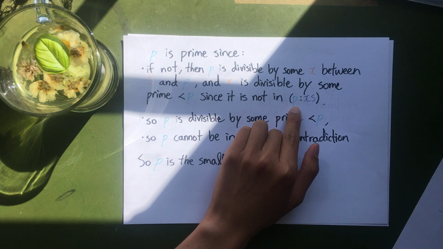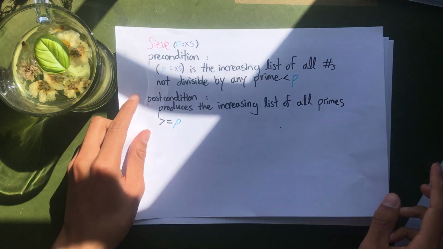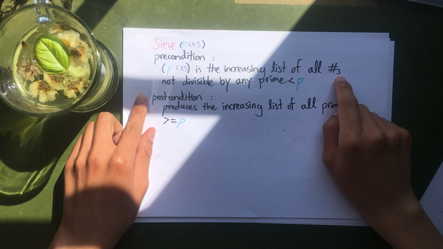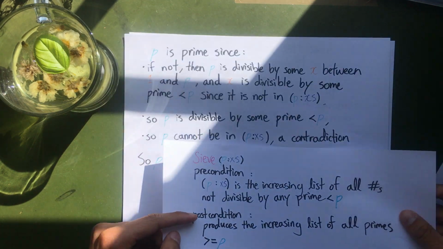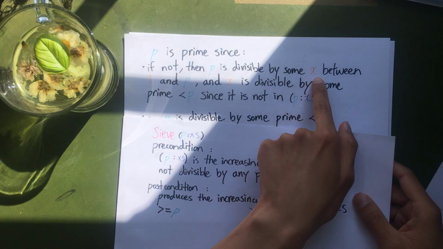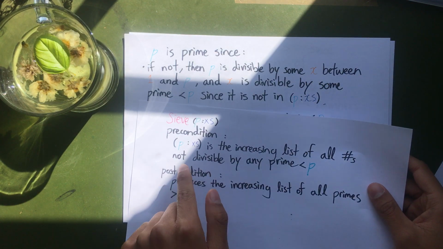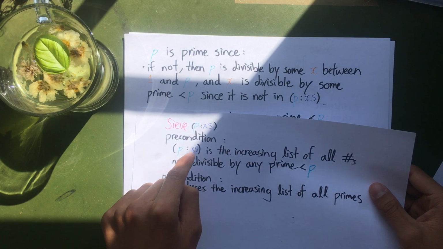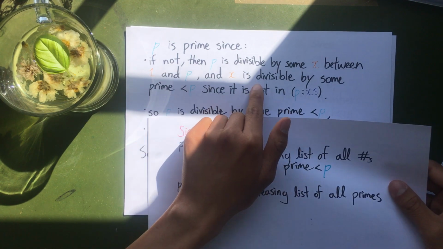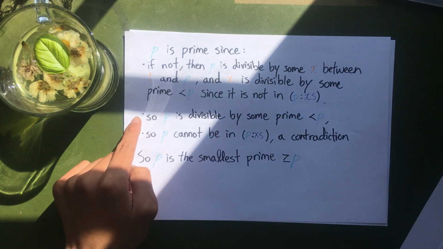Let's unpack that. By the precondition, px's is the increasing list of all numbers not divisible by any prime less than p. So since x is smaller than p, x cannot be in this list. So x must be divisible by some prime less than p.